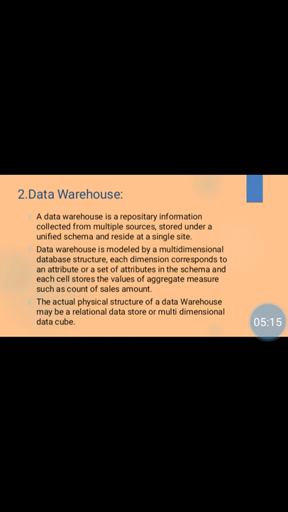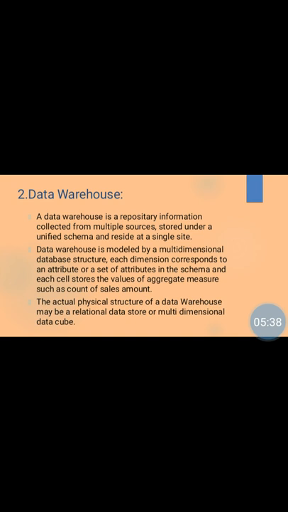Okay, so the actual physical structure of the data warehouse may be a relational data store or a multidimensional data cube. It provides a multi-dimensional view of data. Multi-dimensional means more than one dimension. Two-dimensional means 1 and 2. Three-dimensional means 1, 2 and 3. If it is multi-dimensional, it means 1, 2 up to n.